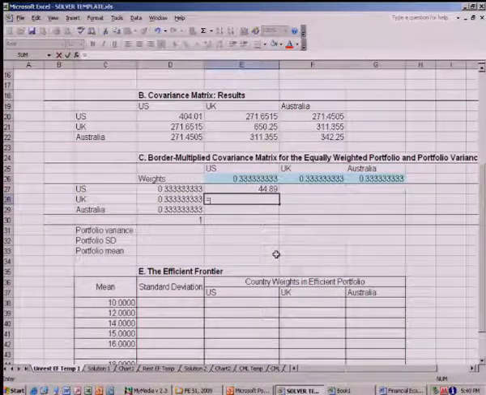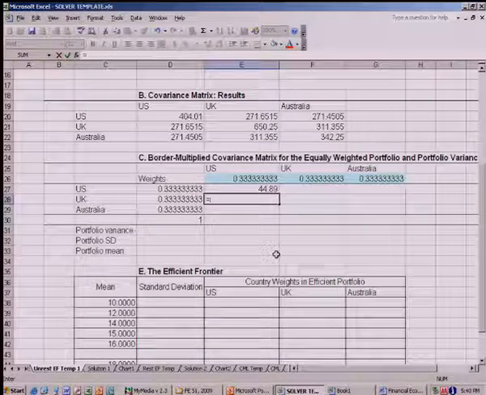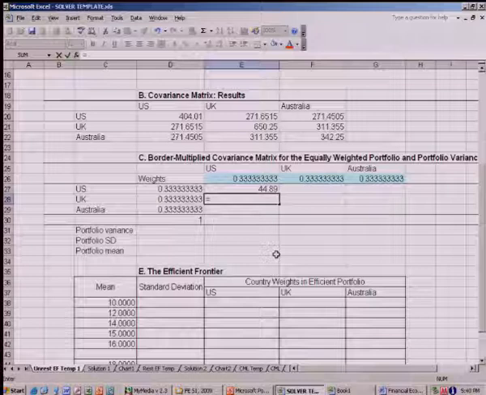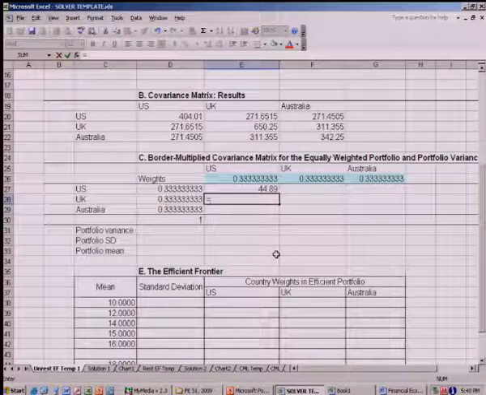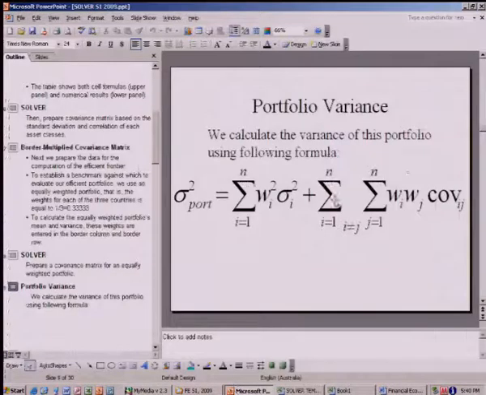The next one is you need to find the covariance between the returns on the US and UK asset, times the weight on a US asset, times the weight on a UK asset. So what I'm doing here is calculating the second part of this portfolio variance formula.